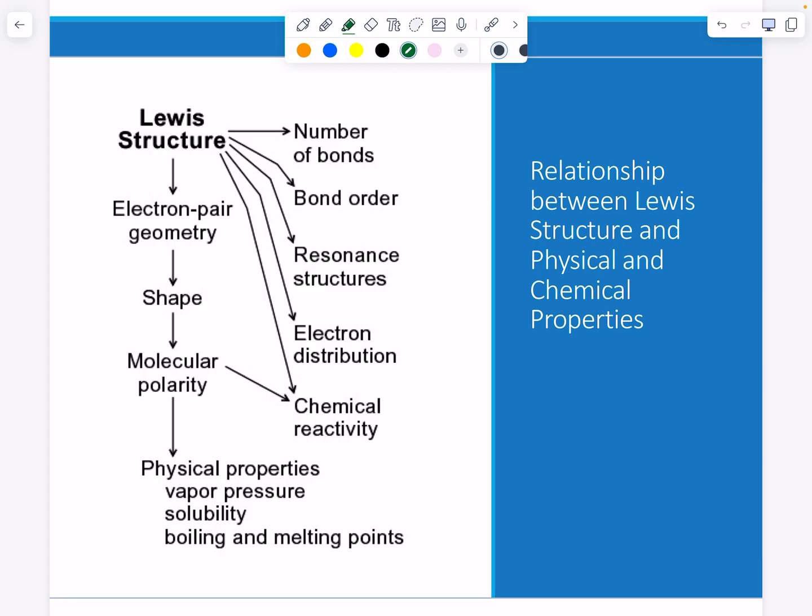All right, and again, you've heard some of these terms already in lab. So, bond order, we've touched on that a little bit. We'll do it a little bit more. So electron pair geometry, shape, and molecular polarity are going to be things that are intimately related to how chemicals act and what they interact with, okay?